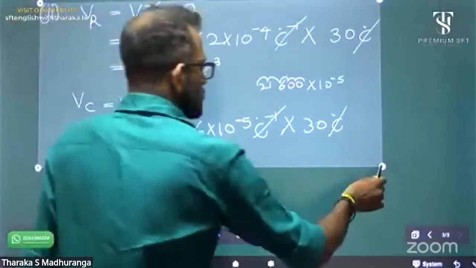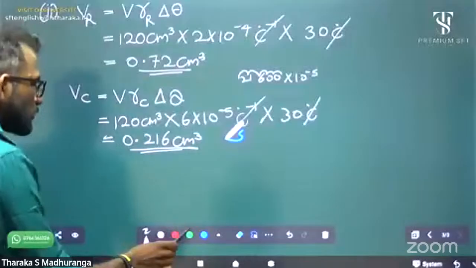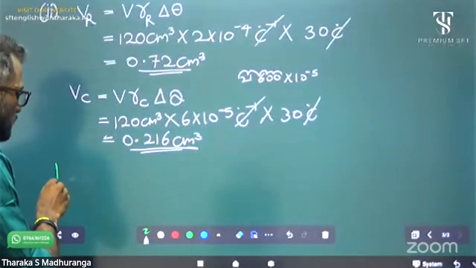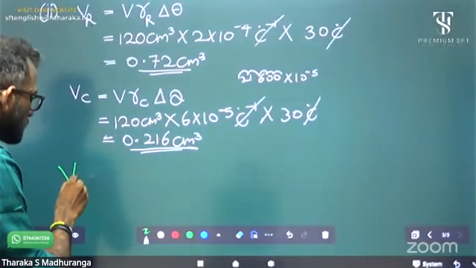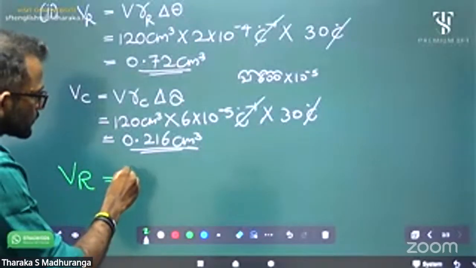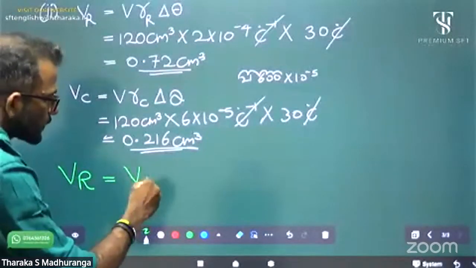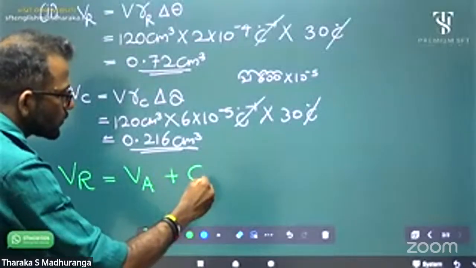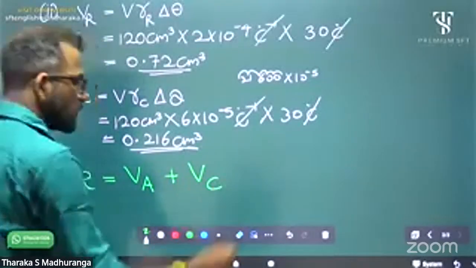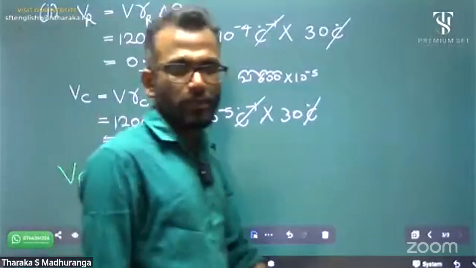What's the equation? The real volume expansion VR, I am writing by symbols. VR equals VA, apparent volume expansion, plus VC, container volume expansion.